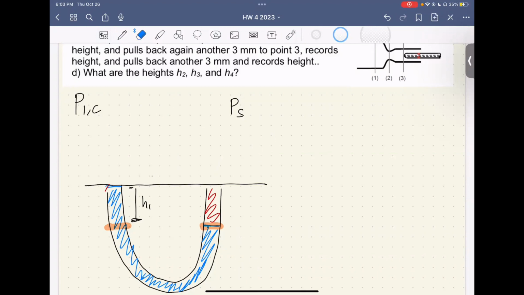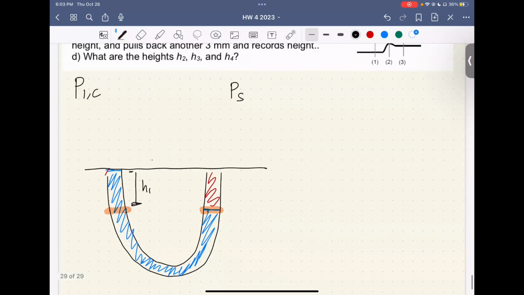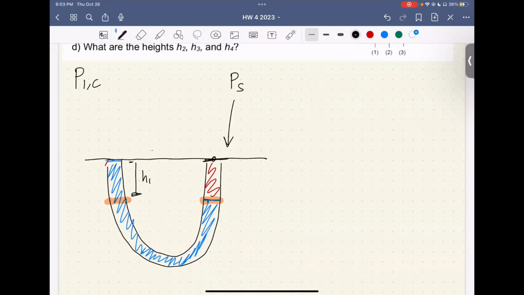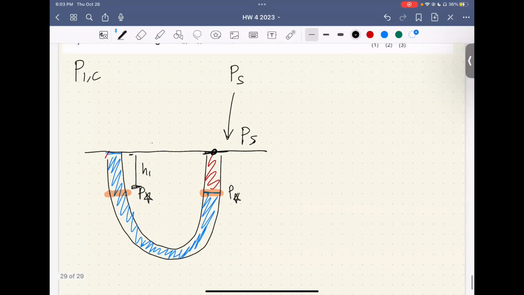So that means this is going to be stagnation pressure at this point right here, PS. Now we actually know how to solve this problem. So let's keep going. We're going to say this is P star, some arbitrary pressure. P star is going to equal PS plus, since we're going down so there's more pressure, rho blood G H1.